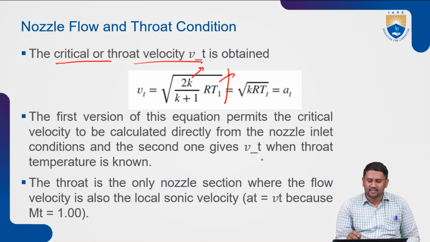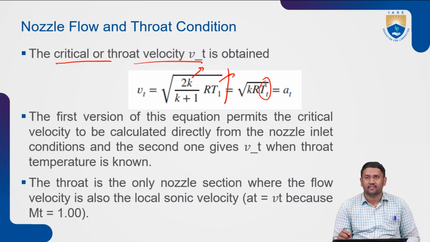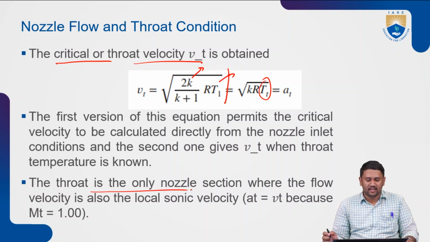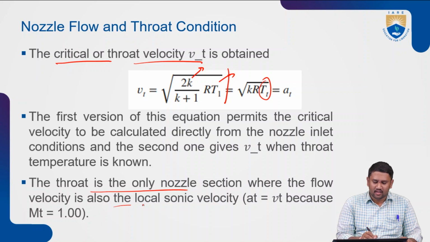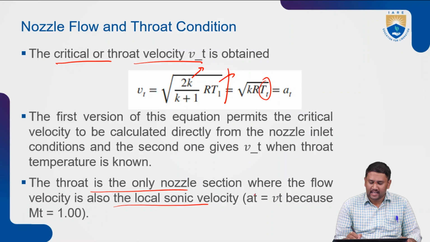And the second one gives Vt when the throat temperature is unknown. Now, the throat is the only nozzle section where the flow velocity is at the local sonic velocity.